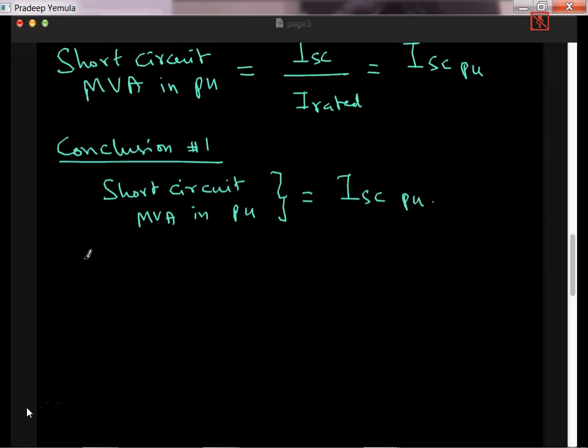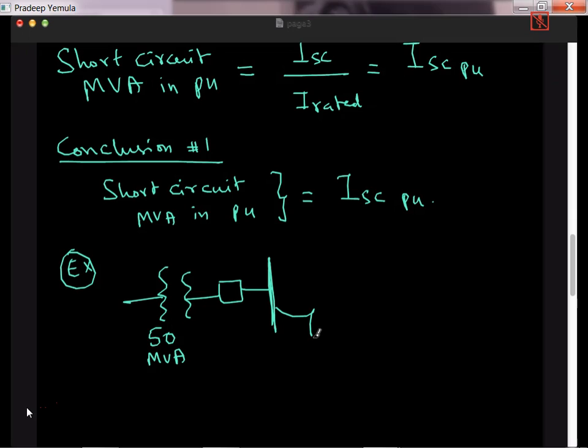So take for example, let's say there is a transformer, then there is a circuit breaker, and there is a bus bar. Now this transformer is, let's say, 50 MVA.